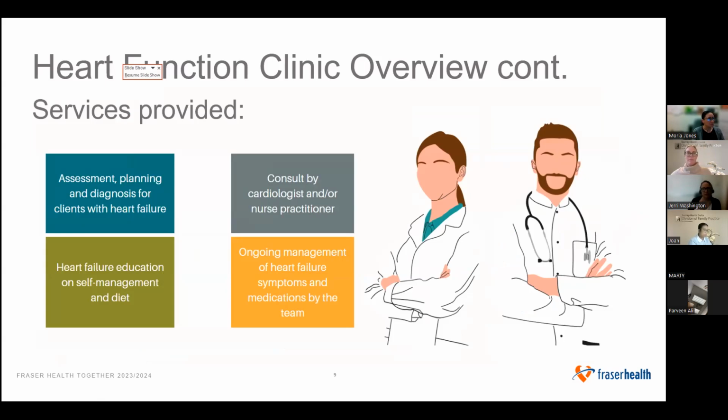All right. So as I said, the focus at the Heart Function Clinic is on heart failure management. Our services provided include assessment, planning, and diagnosis for clients with heart failure. They are consulted by a cardiologist and/or a nurse practitioner. We provide heart failure education on self-management and diet, and ongoing management of heart failure symptoms and medication management by the team.